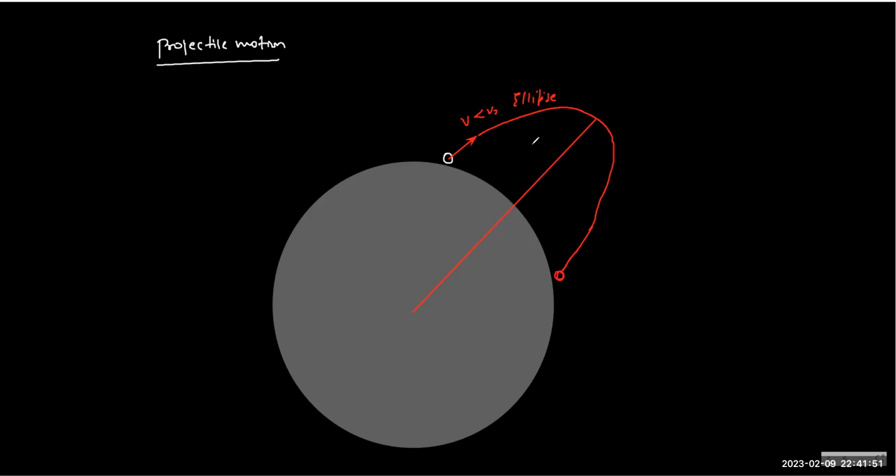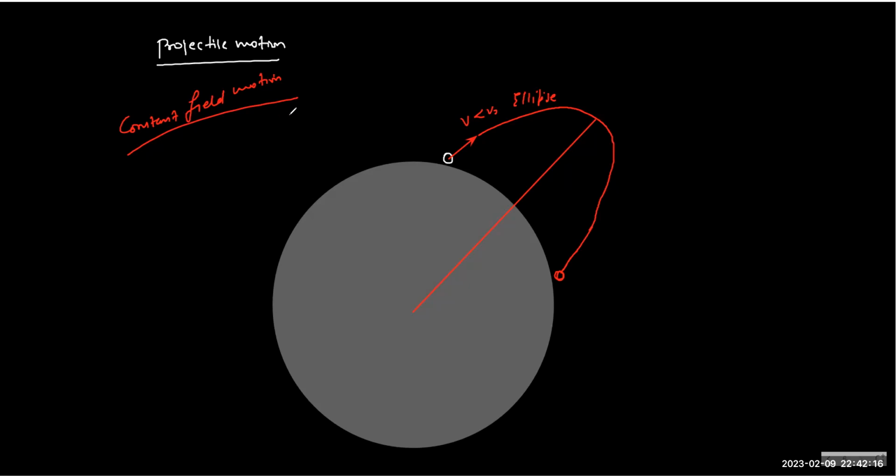So are we going to learn something like this here? The answer is no. So what are we going to learn? We're going to learn something called constant field motion. So what is constant field motion? Any motion which happens under the influence of a constant field.